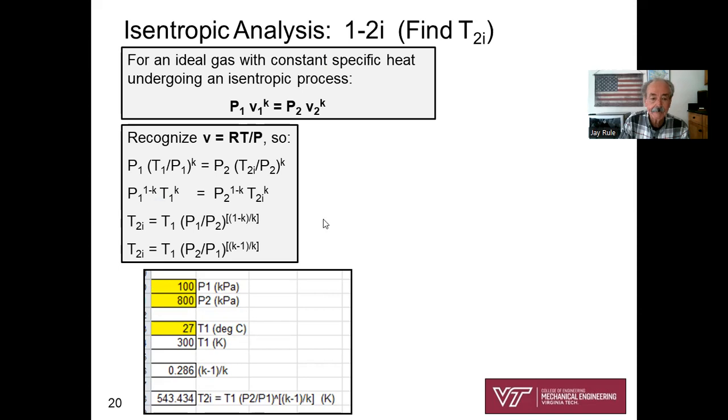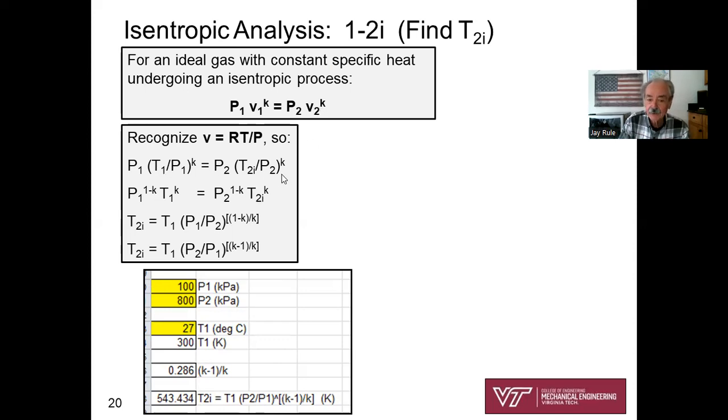Okay, 1 to 2I. P1V1 to the K is P2V2 to the K, but what we're seeking to find is T2I. I don't see that in my formula. Wow. Let's remember the ideal gas equation of state. V is RT over P, or PV is equal to RT, or V is little v. Okay. Well, let's substitute into our governing equation. PV to the K is constant.